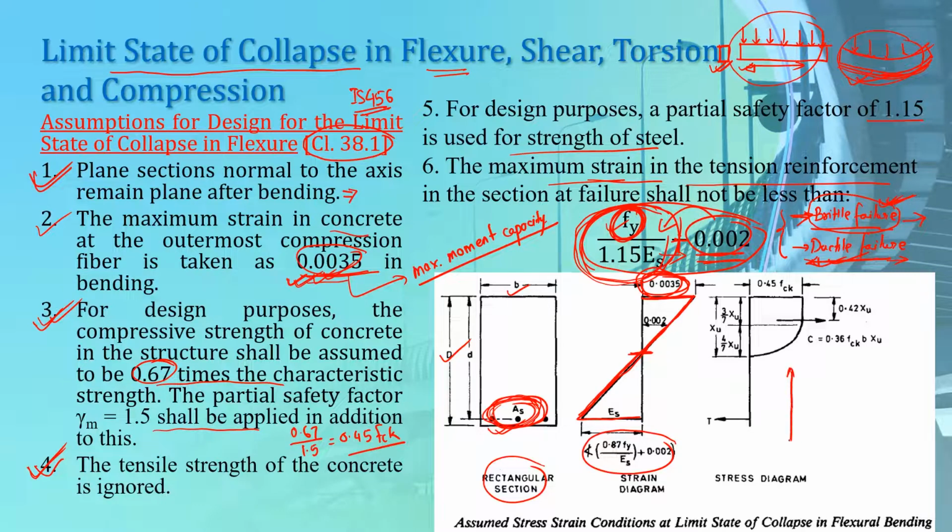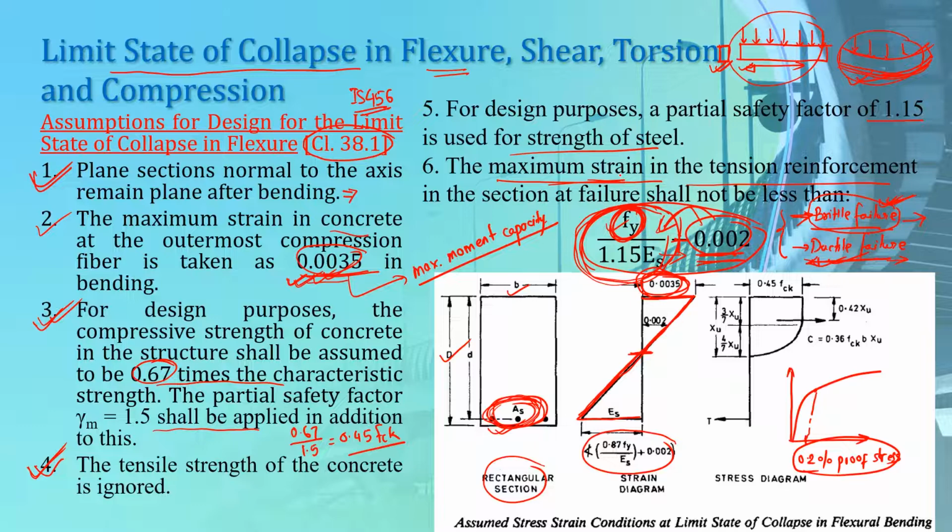If we do not have a fixed value of Fy, then we generally take Fy as the 0.2% proof stress. That means if we have this stress strain diagram curve, then the value of 0.2% proof stress is generally taken as the value of Fy. So 0.2% means 0.002, and this value is added to this value to get the value of maximum strain here.